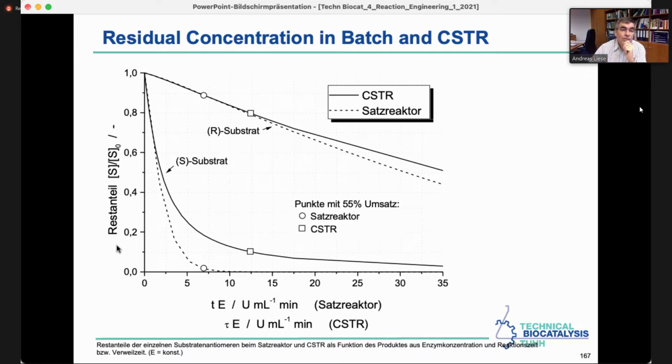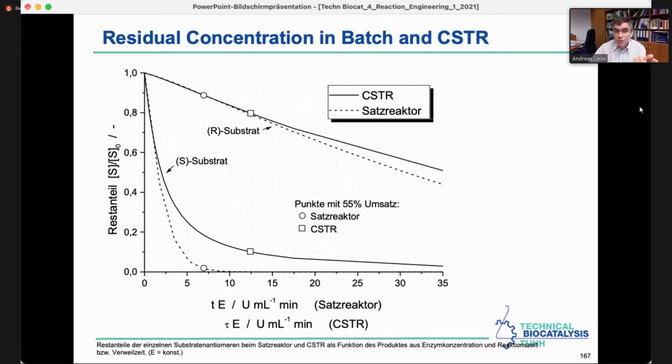Here you see the residual substrate concentration divided by the substrate concentration at time point 0 for the R enantiomer, and down here for the S enantiomer. This is plotted, to compare the batch reactor, against the product of the enzyme concentration times the reaction time.